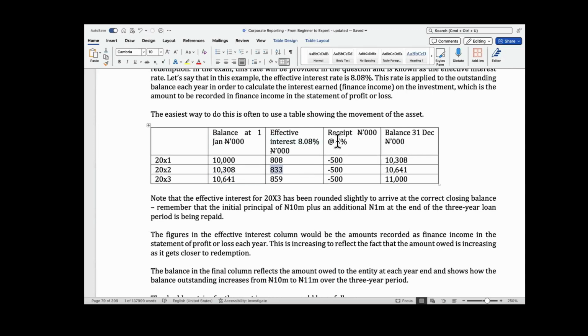This 5% is fixed on the principal amount. So they give you 500 again. So again, you add this plus 833 minus 500. It gives you 10,641. Again, you carry it forward to the next year.